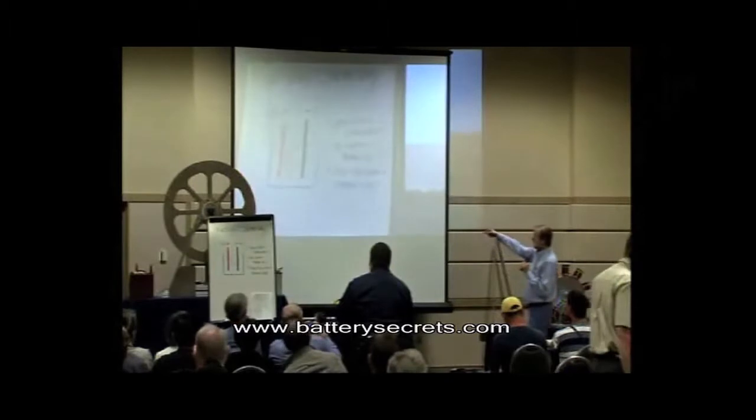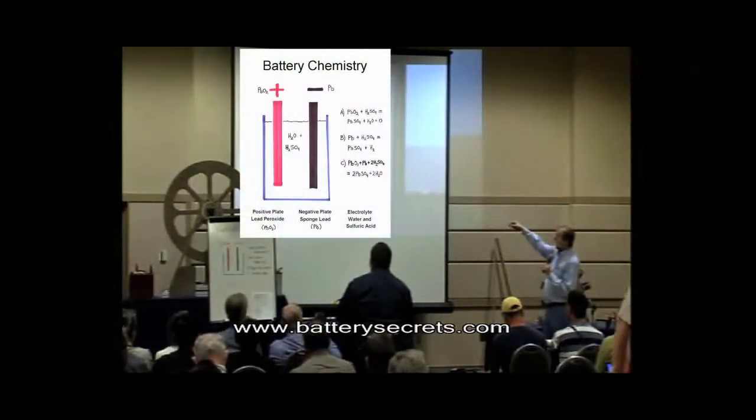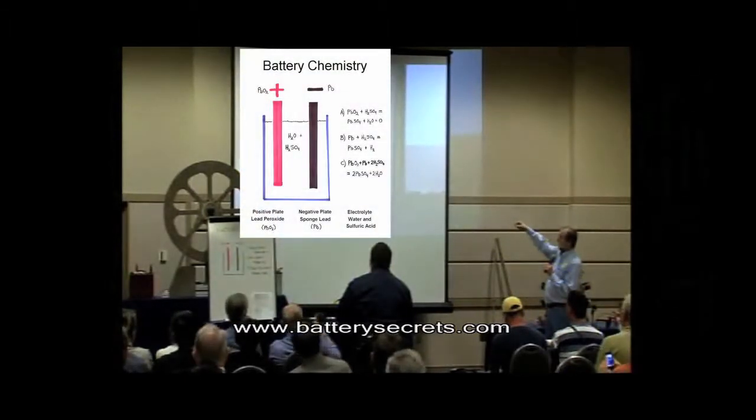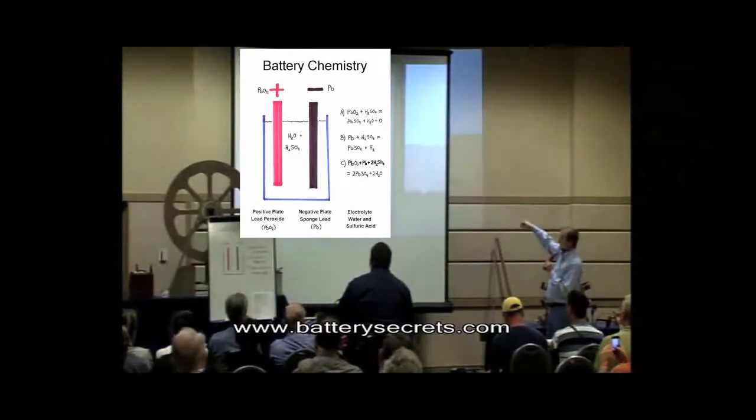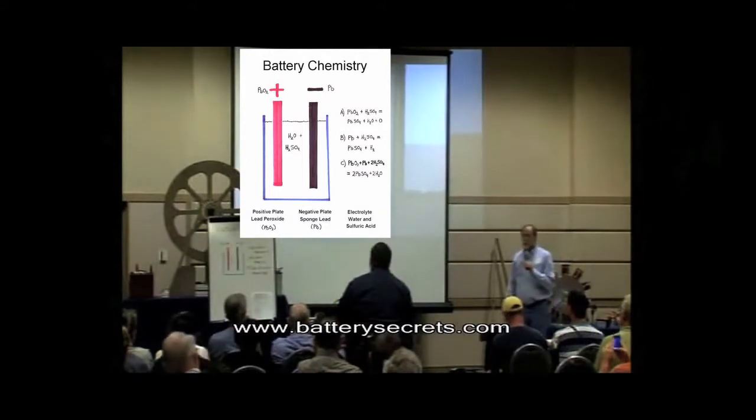The positive plate is made from lead oxide, the negative plate is made from lead, and both of these are sitting in a water solution that has sulfuric acid in it, H2SO4.